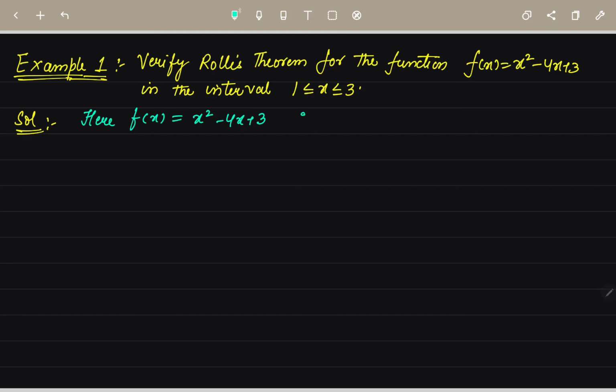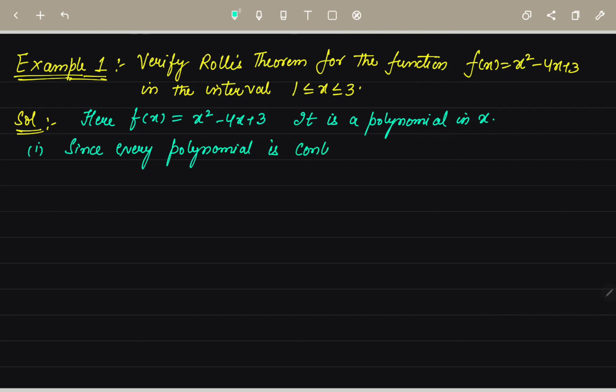So I will write, since it is a polynomial in x, we know that every polynomial is a continuous function for every real value of x.